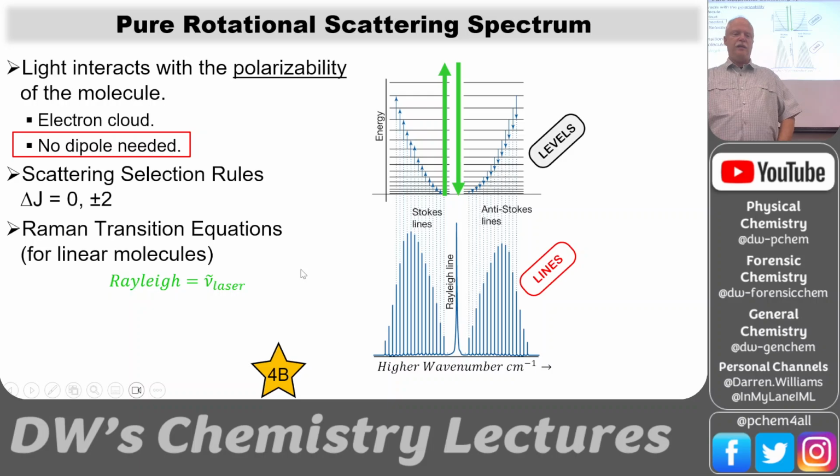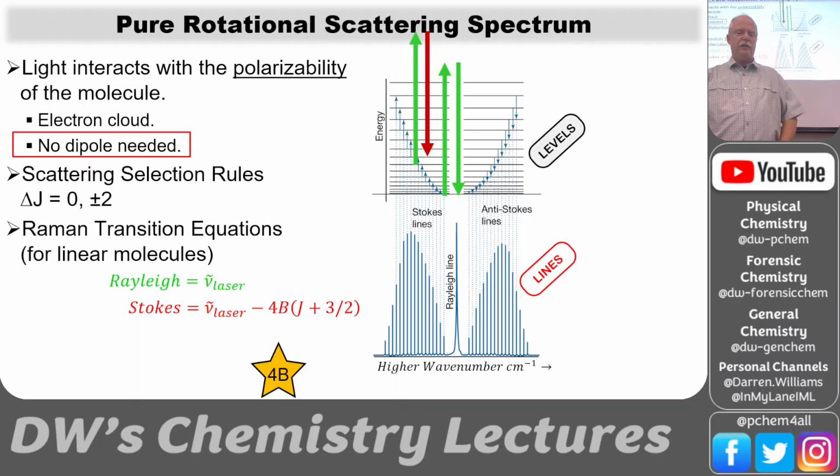If we put those into the transition equation, the Rayleigh line is just the frequency of the laser. The Stokes line, if you'll notice here, we end up with 4B in front. So the distance between these lines is 4B, so every one of these differences is 4B.